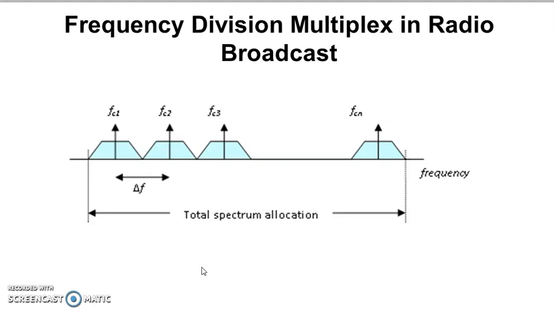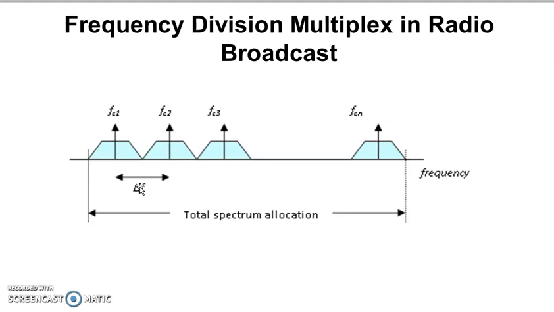Even if the bandwidth is allocated, each and every channel has a different carrier frequency. Here we have FC1, FC2, and so on, for the multiple channels, and each channel is separated by delta F, the frequency spacing.